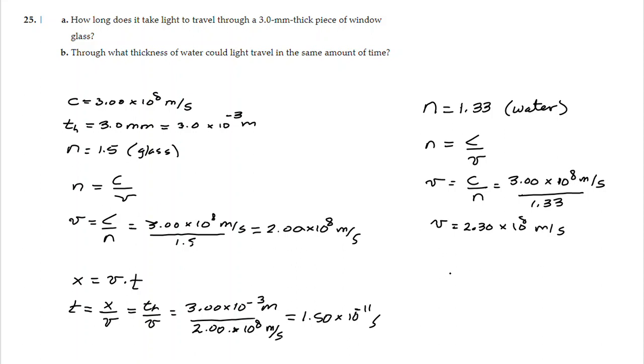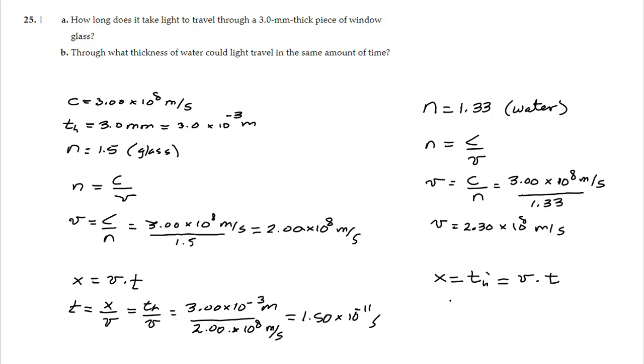So we use exactly the same equation of kinematics, x, which is a distance, and we're going to call this the thickness. In this case, I will call it thickness prime because it's going to be the thickness of water, and this will be equal to v times t. So it will be equal to the speed of light in water times the time that we found in the previous step.